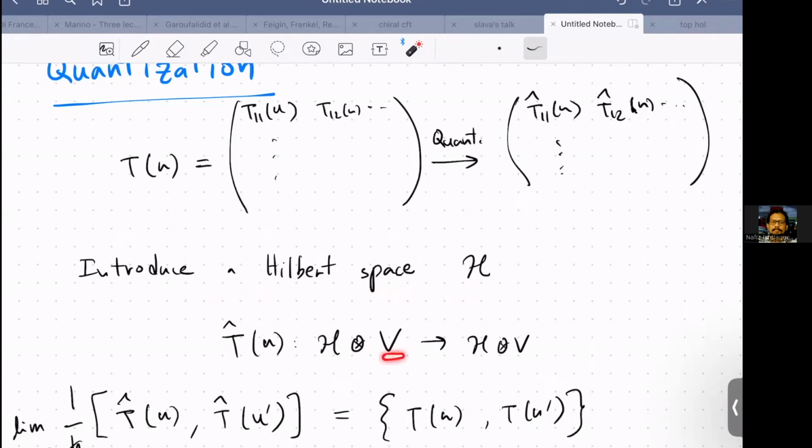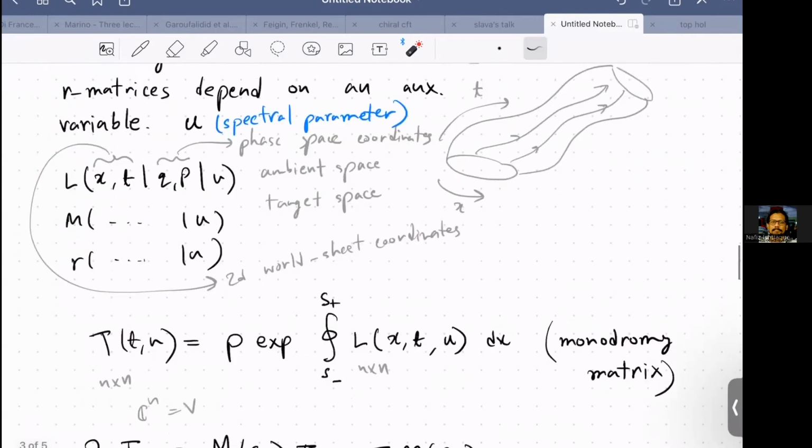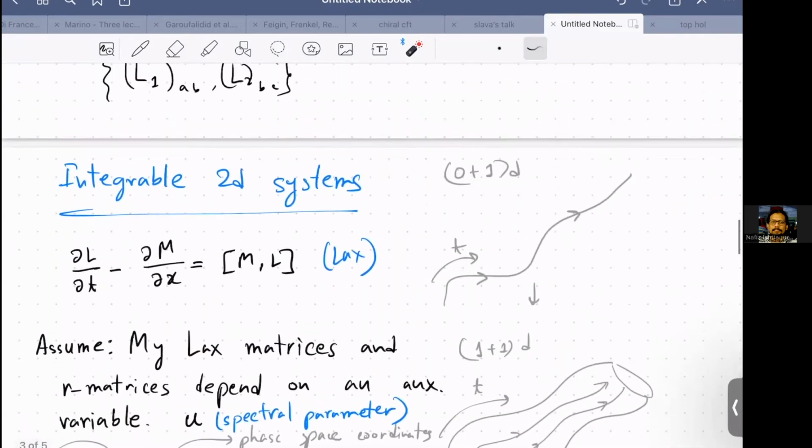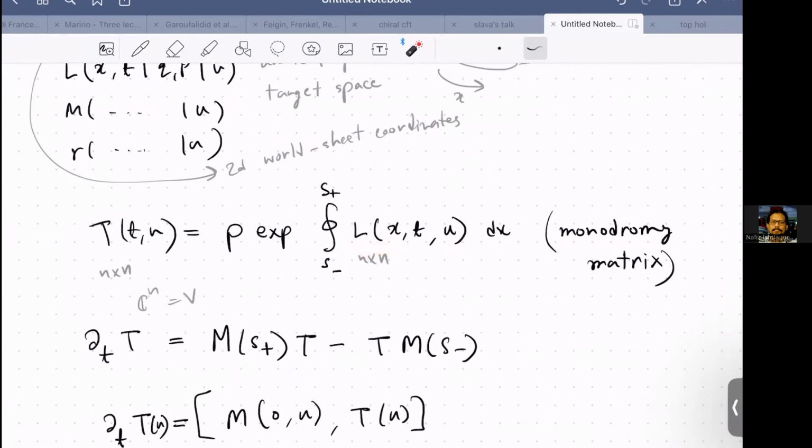But we can be more explicit about the dimension of V. So V basically came from the fact that our Lax matrix was a matrix. Let's say that it's an n by n matrix. So then it acts on, let's say, C to the n. This is just a path ordered exponential of the integral of the Lax matrix, so this acts on the same vector space, C to the n.